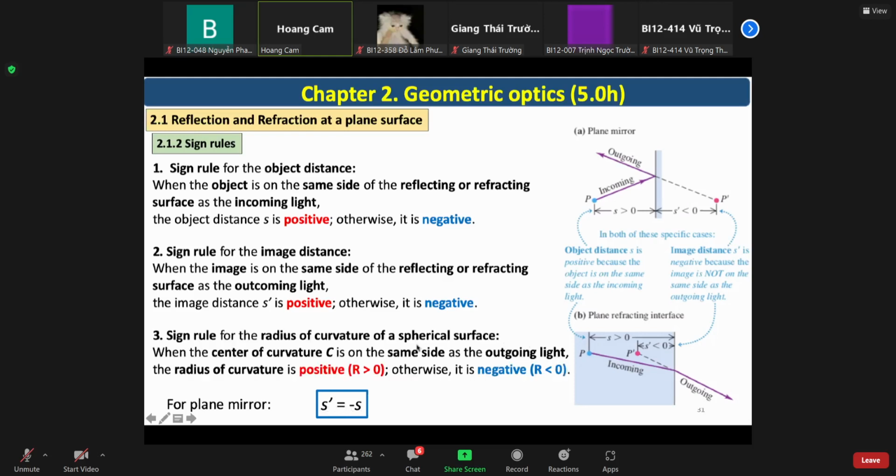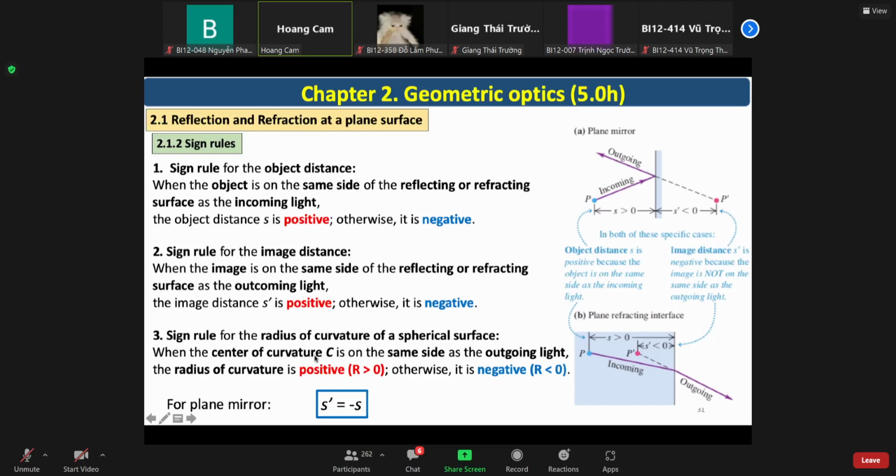And for the radius of curvature of a spherical surface, like I mentioned, concave and convex spherical surfaces, for example, the radius of curvature is positive or negative depending on the position of the center of curvature relative to the outgoing light.